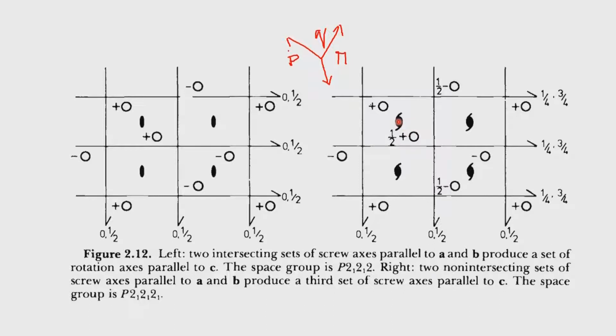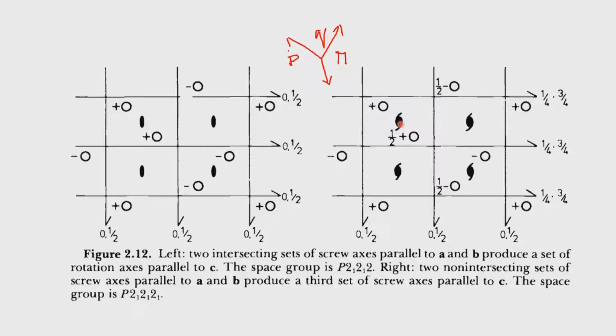Where is the 2-1 screw axis? This 2-1 screw axis is also removed by 1/4 and 1/4, 1/4 along this direction and 1/4 along this direction. So this is a very interesting, very beautiful space group which can be generated, and the three 2-1 screw axes are non-intersecting and they are removed from each other by 1/4.